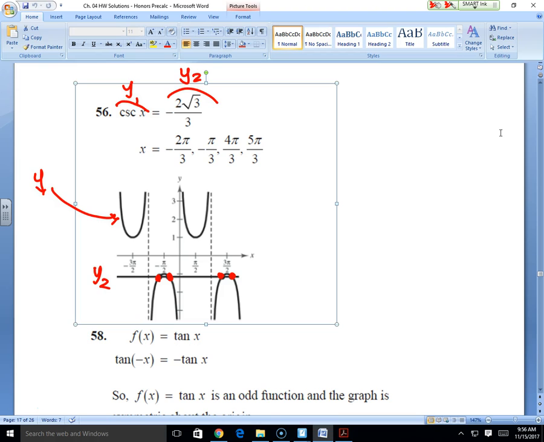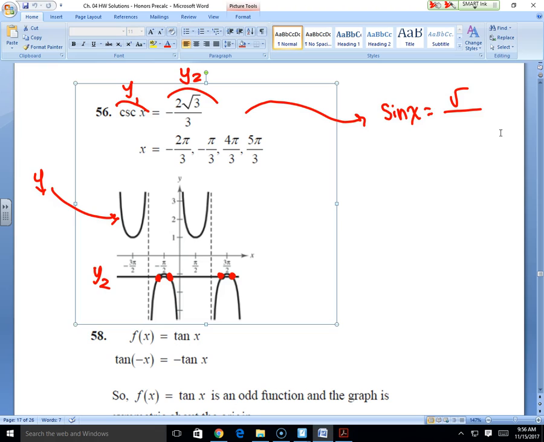Who's cosecant the reciprocal one? So, what would sine have to equal for cosecant to be -2 root 3 over 3? What had to be flipped? It's a unit circle, so it's 0, 1/2, root 2 over 2, root 3 over 2, or 1?